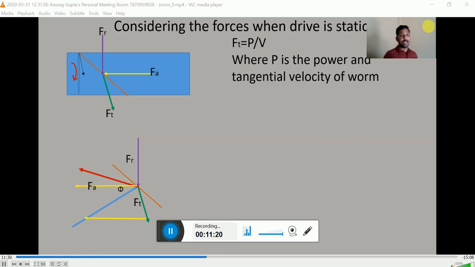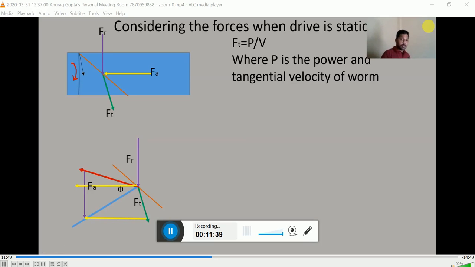Now, the radial force will be what? Parallel to the... Now, what we will do? We will draw a line at the point of intersection of the line perpendicular to the helix and the axial force magnitude line. That is this.